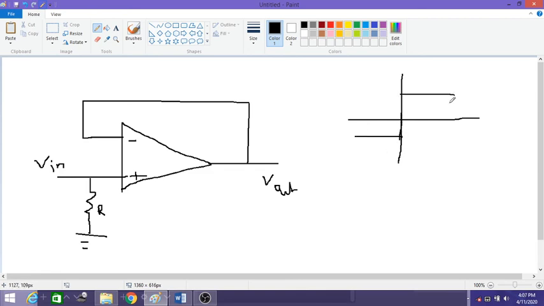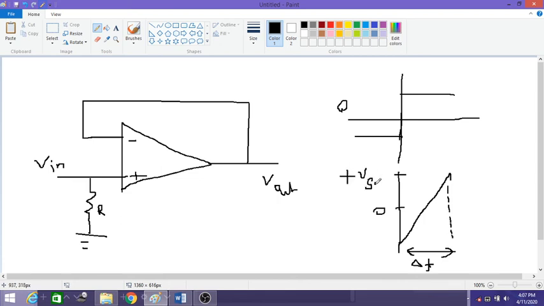If I apply a step input, that is if my Vin is a step, then the output will be a slope. That change over the slope is represented by delta T. This is 0 volts, and the output goes from plus V max to minus V max.